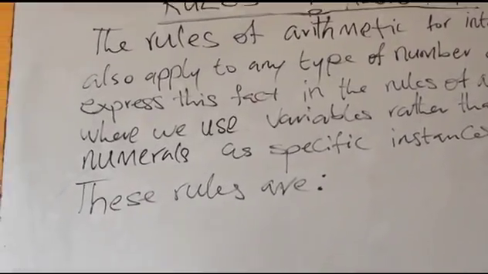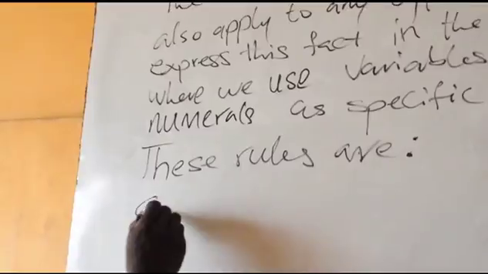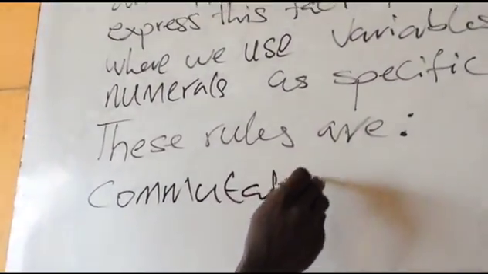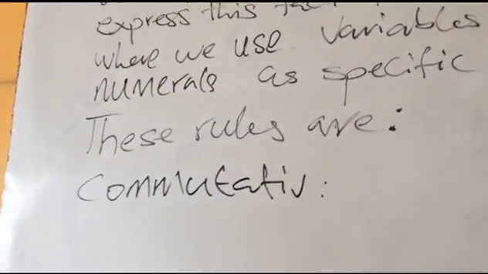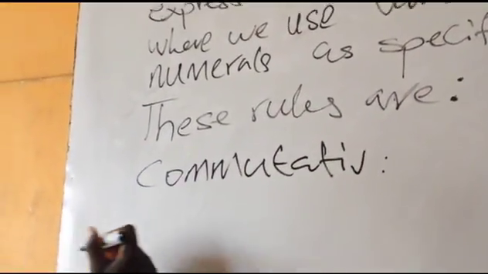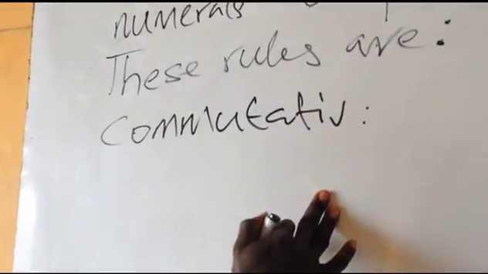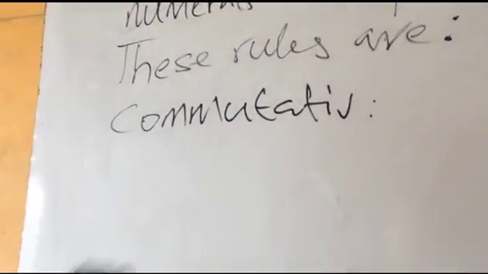The rules are commutative. This is where we add or multiply x and y in any order without affecting the result.